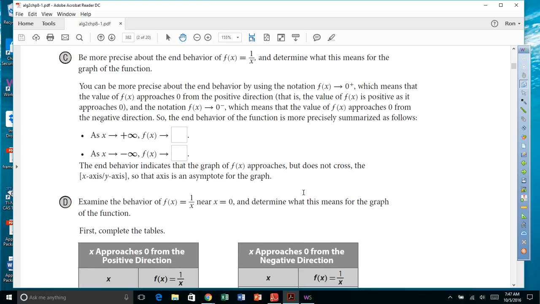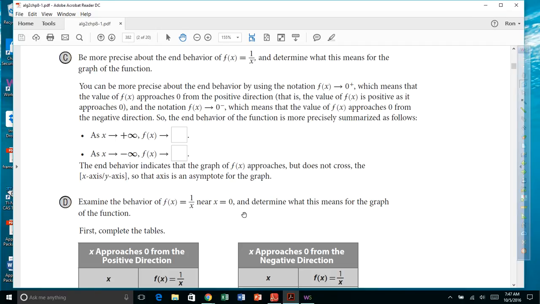Be more precise about the end behavior of f of x equals 1 over x and determine what this means for the graph of the function. You can be more precise about the end behavior by using the notation f of x approaches 0 positive, which means that the value of f of x approaches 0 from the positive direction.